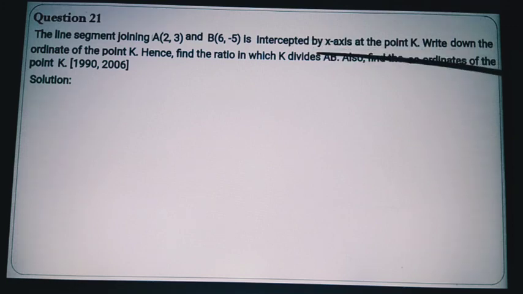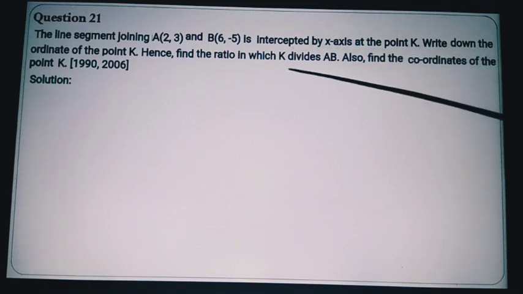The point of intersection on the x-axis you are going to take as x, 0, because on the x-axis the ordinate, that is the y value, is always 0. So you will take the coordinate K to be x, 0.